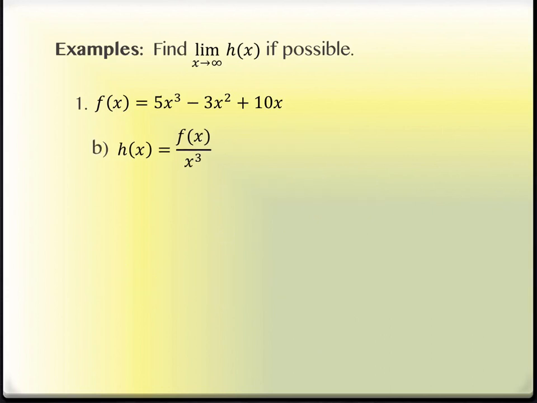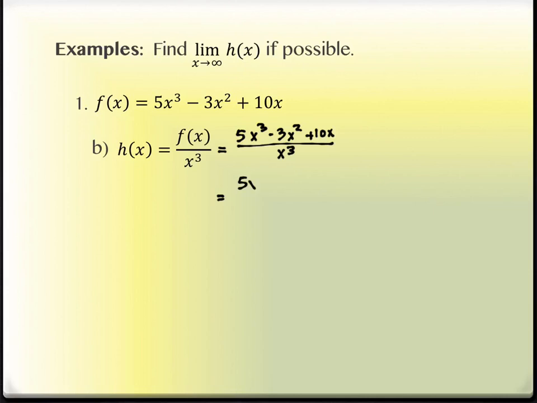So we're going to take the same function on top on this next one, but we're changing the denominator to be x cubed. So the first thing we'll do is to just write out what we have. So we have 5x cubed minus 3x squared plus 10x, and it's divided by x cubed. And we go about the process the same way in terms of manipulating this. We're separating it into 3 fractions.